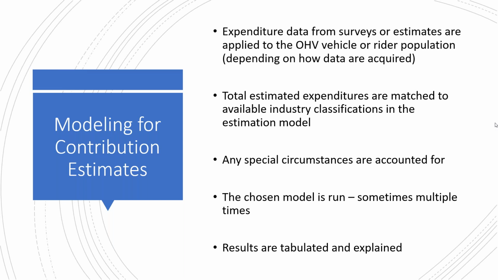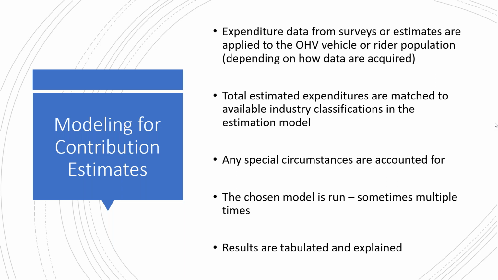We took the total estimated expenditures, and for every category, we matched those to the appropriate industry in IMPLAN. Remember, there were 528 industry classifications in IMPLAN. We were able to get these all pretty close to where they needed to be.